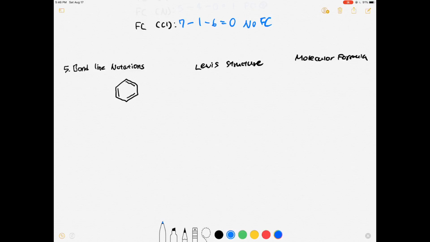So Lewis structure for this one. So remember, each intersection is a carbon, okay? So draw all the carbons first, your first step. So carbon, carbon, carbon, carbon, carbon. Cool. And there's double bonds over here, over here, over here. And now draw all the hydrogens.